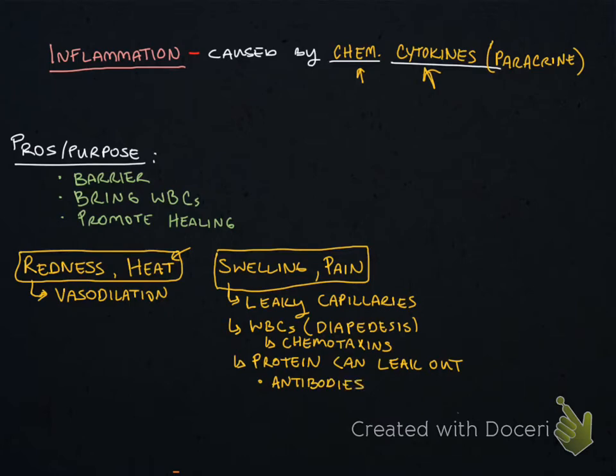Antibodies act like immune flags. So they go in, they attach to the antigen, the bad pathogen, and say, hey, look over here, white blood cells. This is something that's not supposed to be here.